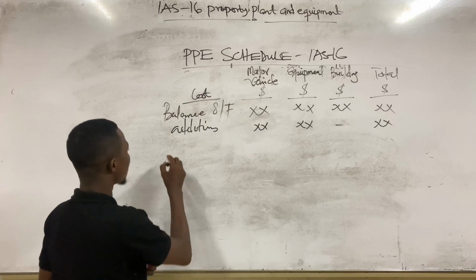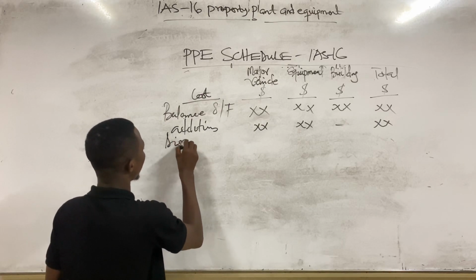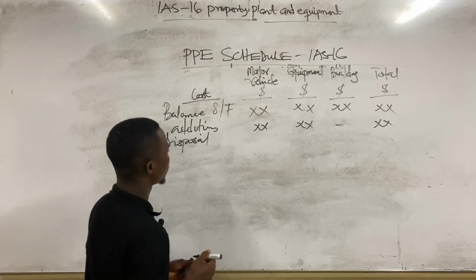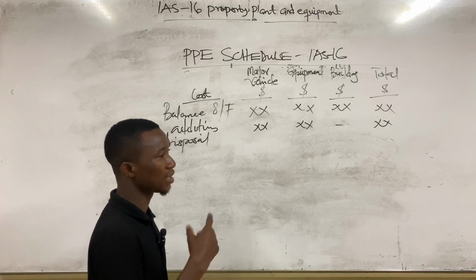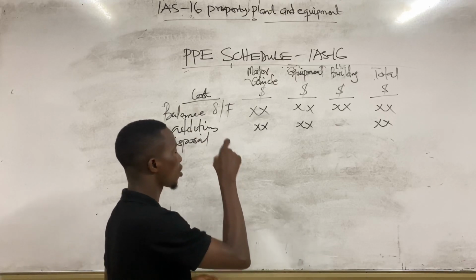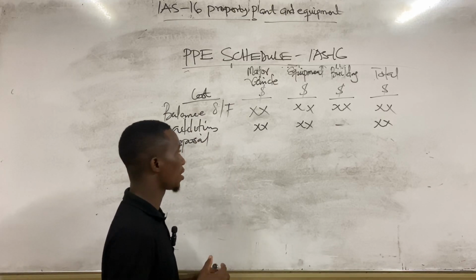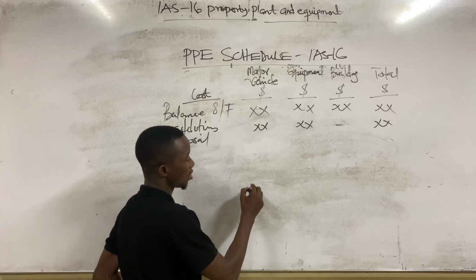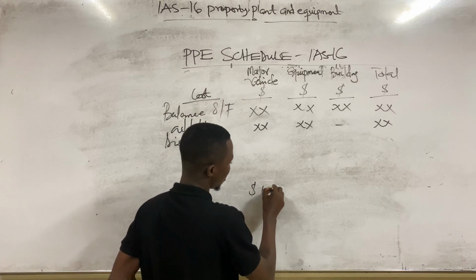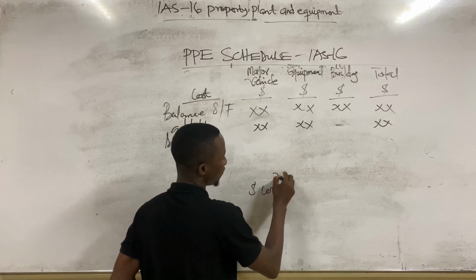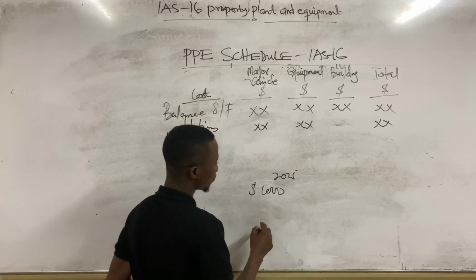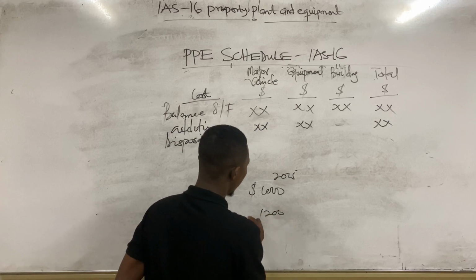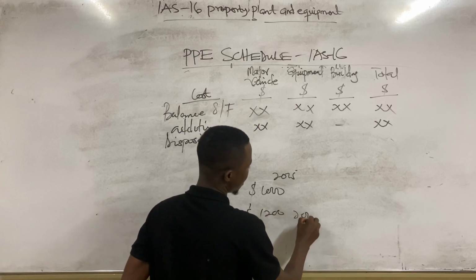If there is any disposal, that has to do with the sale of assets. When we sell an asset, the cost of the asset should be recorded and subtracted. For instance, the cost of an asset is 1,000 in 2015. Then we sold this asset for $1,200 in 2017.